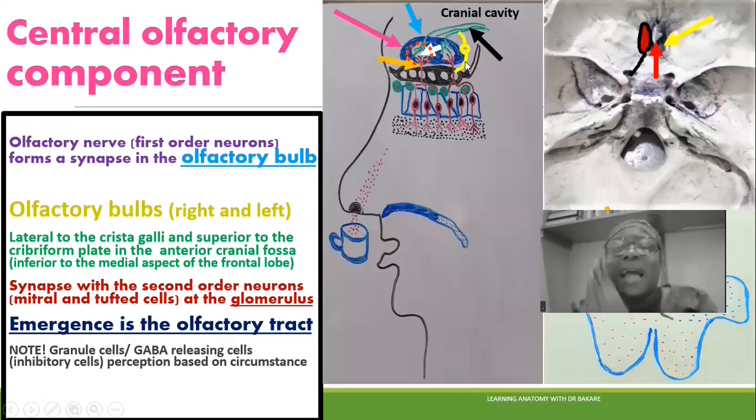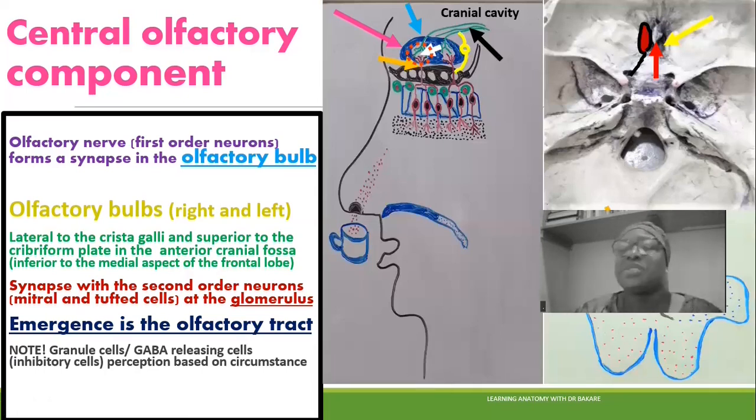These cells are responsible for inhibiting the olfactory pathway, because you know that there are times that the olfactory pathway is not activated. It cannot activate the sense of smell. The odorant will be directed towards the nose and of course dissolved within the mucous layer, but the activation of smell signals will not be affected. This is as a result of the inhibitory action that is generated by the granule cell.